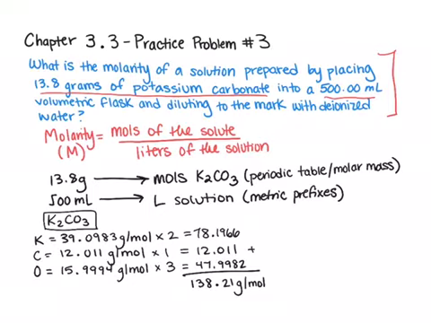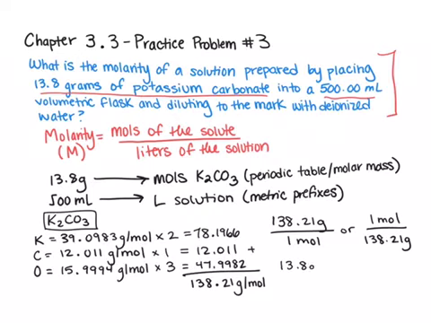I am now going to use this molar mass that we just calculated as a conversion factor to get between grams to moles. So I can write this molecular mass in two different ways. I can write it as 138.21 grams over 1 mole, or I could write it as 1 mole over 138.21 grams. So we were initially given 13.8 grams. And in order to get to moles, I need to cancel out grams.